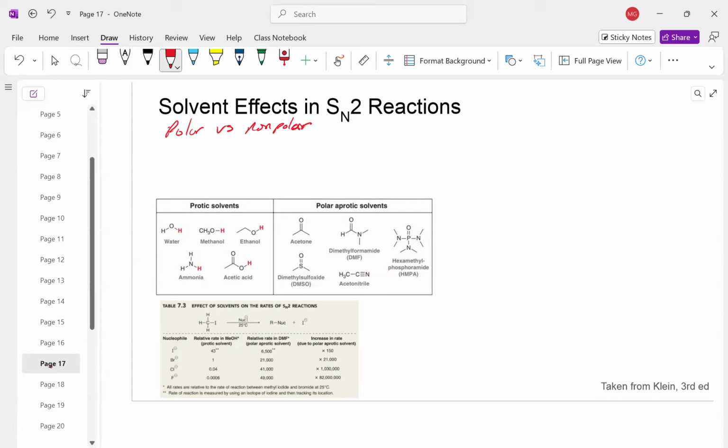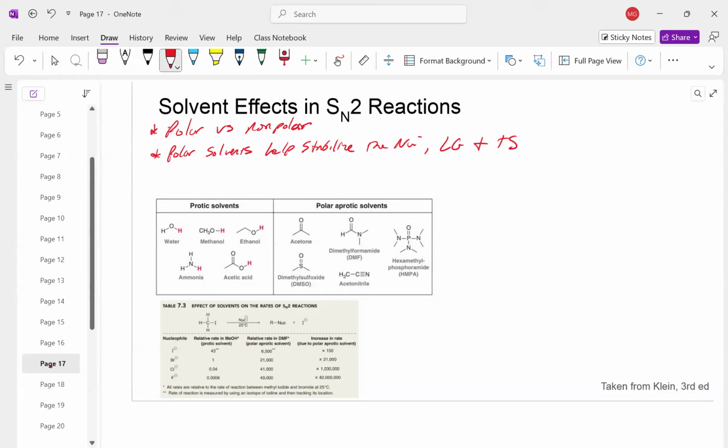But in general, polar solvents can help stabilize ions. So they can help stabilize the nucleophile, the leaving group, and the transition state. Because those solvents are polar, they have a negative end and a positive end, partially negative, partially positive.